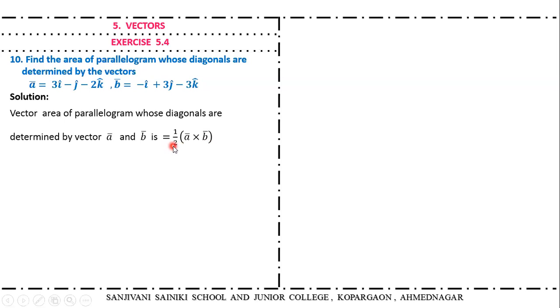Don't confuse: here A bar and B bar are the diagonals of the parallelogram, and there they are the adjacent or co-terminal sides.